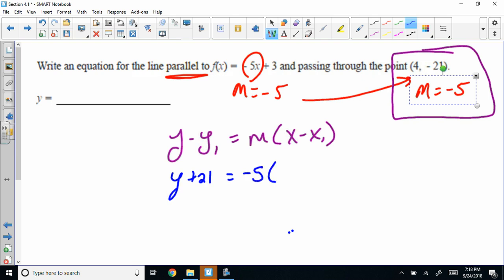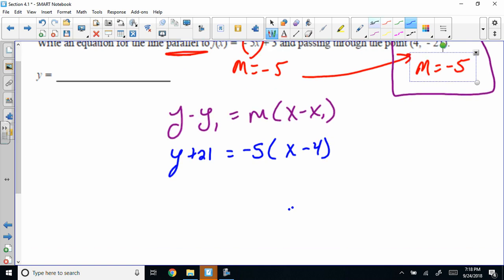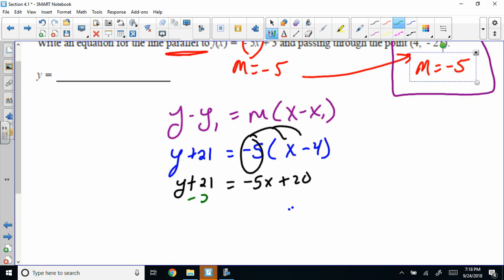Slope is negative 5. It doesn't change. X, and that's a 4. Now it becomes a negative 4. All we're going to do is distribute. Bring down the y plus 21 equals negative 5x plus 20 minus 21. Y equals negative 5x minus 1.